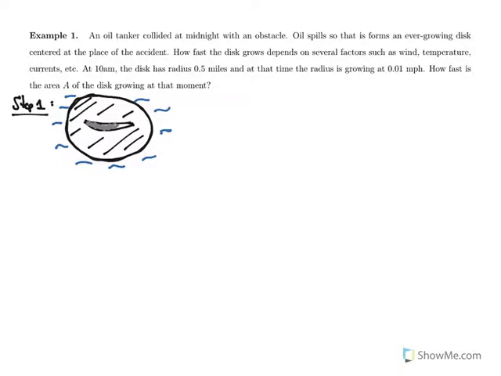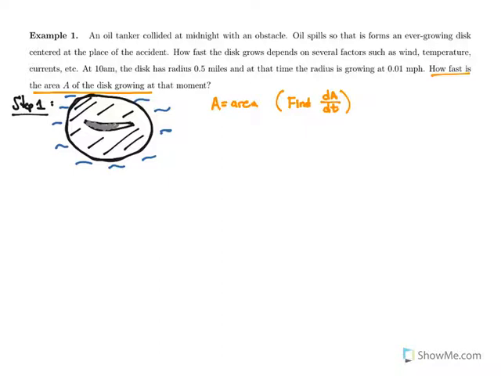So there are two things that we're looking at here. First of all, we are asking how fast is the area of the disk growing. So our first variable is going to be area. We'll call that A. And note that we are trying to find the derivative dA/dt. The other variable that we're considering is the radius.